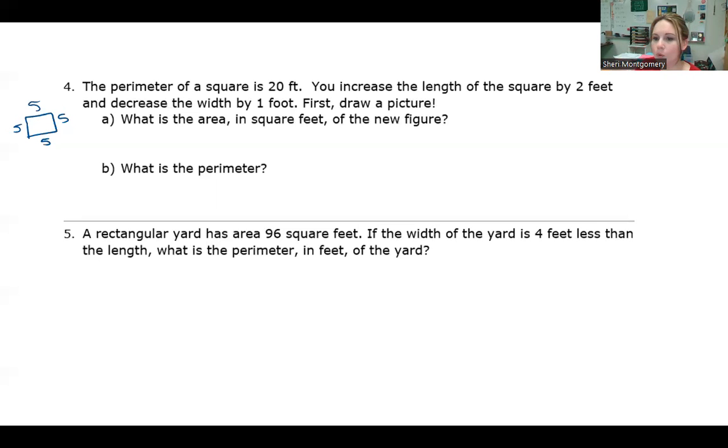So I'm going to draw a new one with what it's telling me over here on the side. It says that one of them, you're going to increase by 2 feet. So I'm going to have 5 plus 2, so that is going to be 7 now. And then it says you're going to decrease the width, which doesn't matter if it's the width. You're going to decrease by 1 foot. So we have 5 minus 1, so that one is going to be 4.